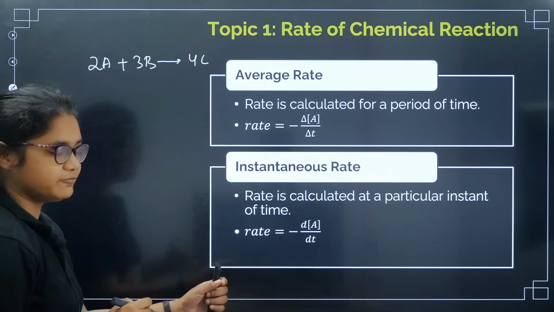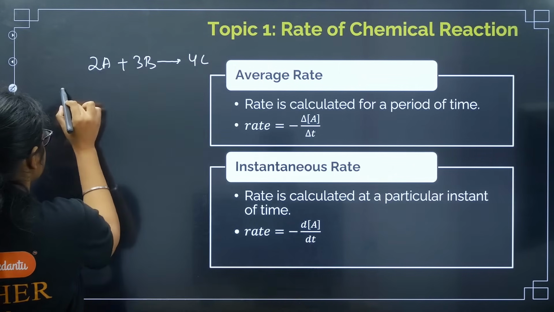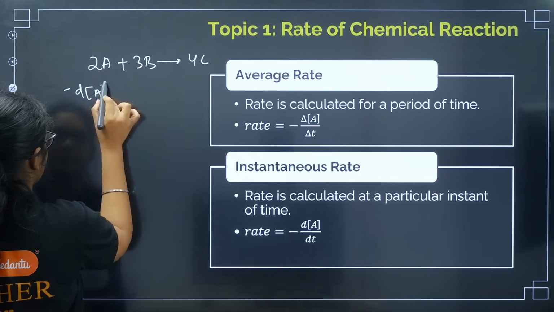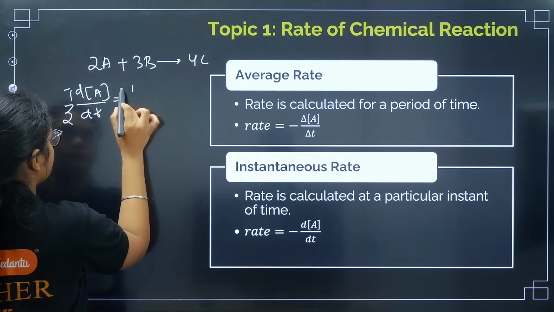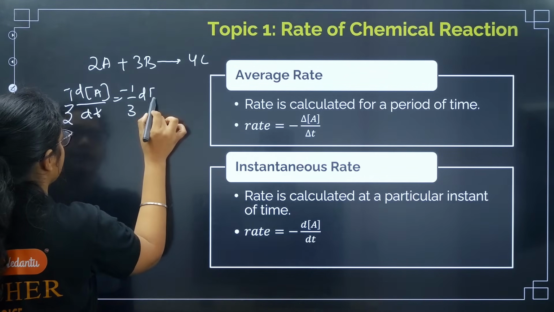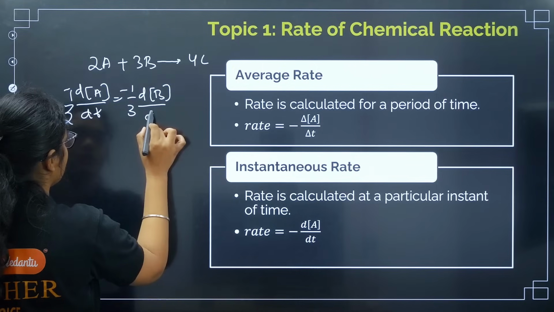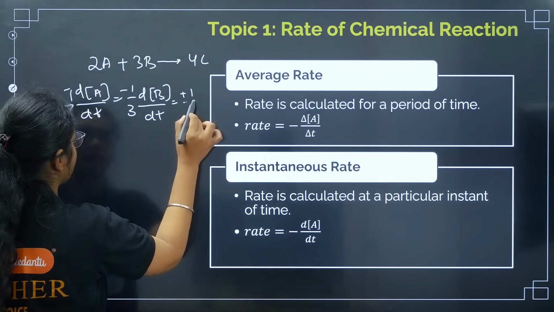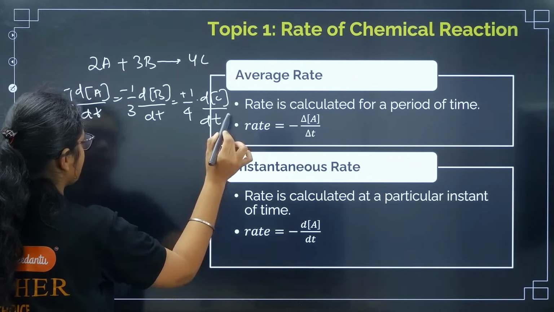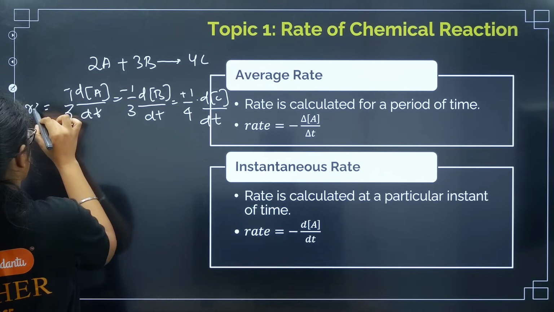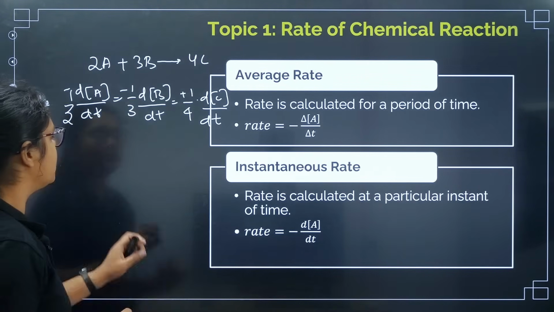Then how to write the differential rate equation, that you should know. So this is minus dA by dt, and since the coefficient is 2, we put 1 by 2, is equal to minus 1 by 3 dB by dt, is equal to plus 1 by 4 dC by dt.